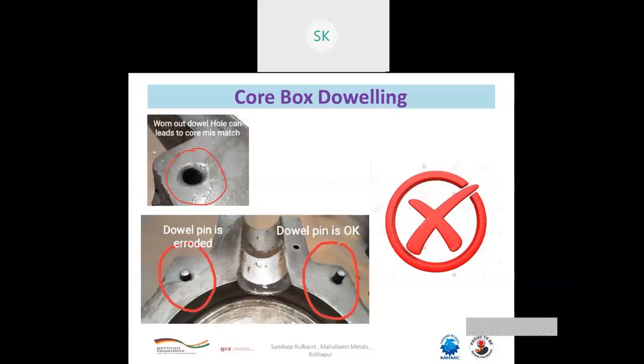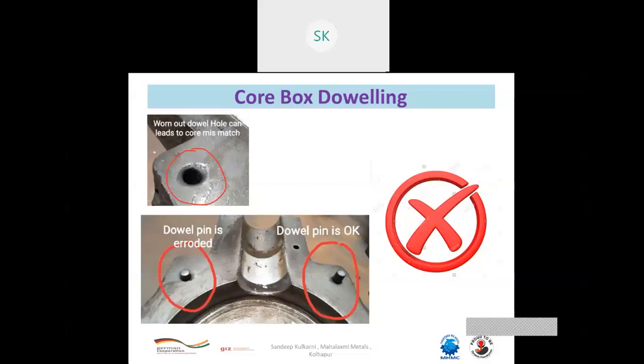So whenever you are checking or inspecting the core box, you have to give proper focus to this area as well. You have to change those dowel pins, and you have to change those dowel hole bushes on a periodic basis.